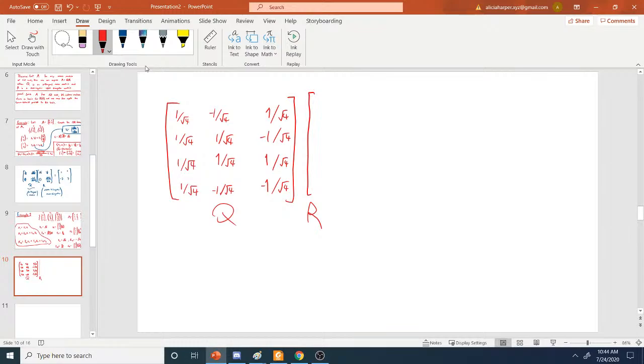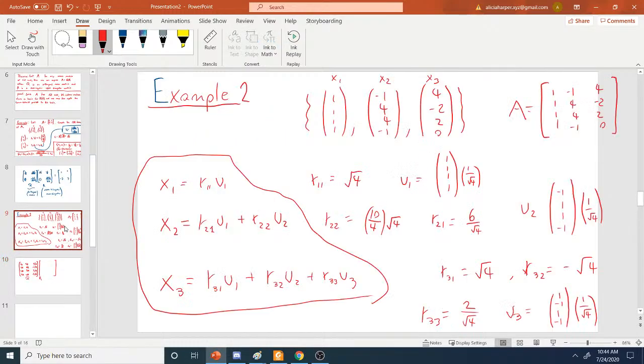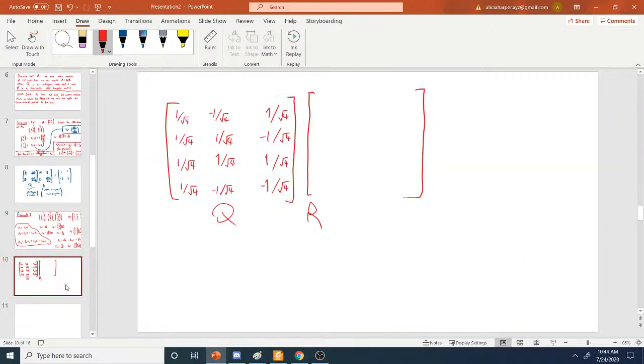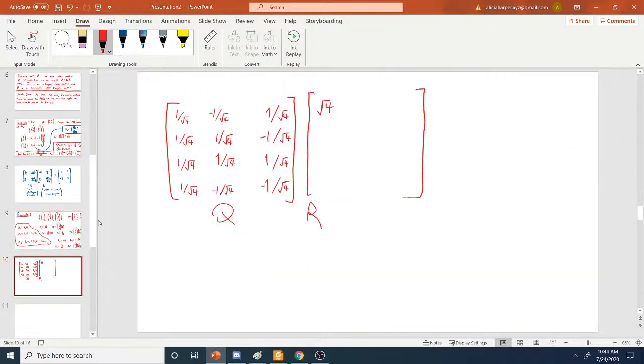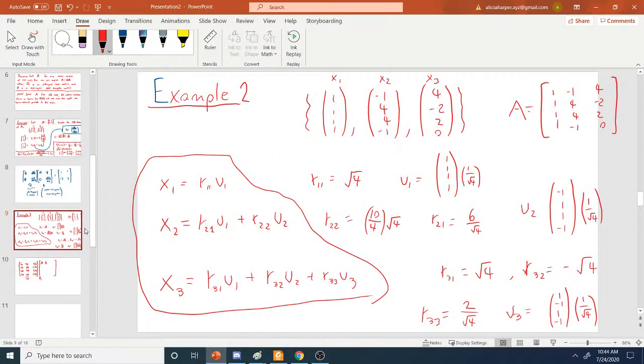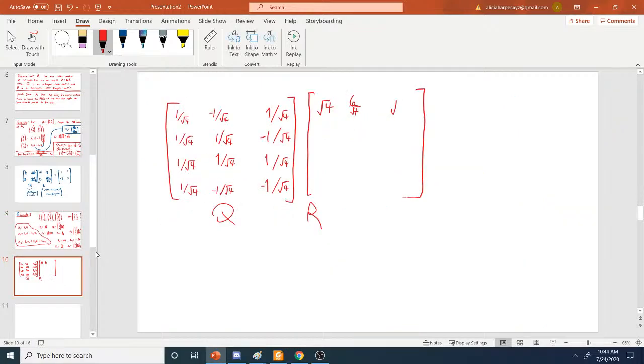And then it's multiplied by the matrix R, which we can now fill in. We know R11 is the square root of 4 here. We know R21 is 6 over the square root of 4. We know R31 is the square root of 4.